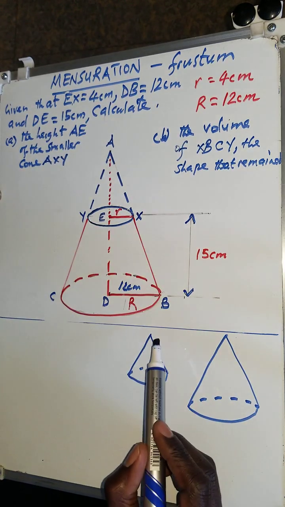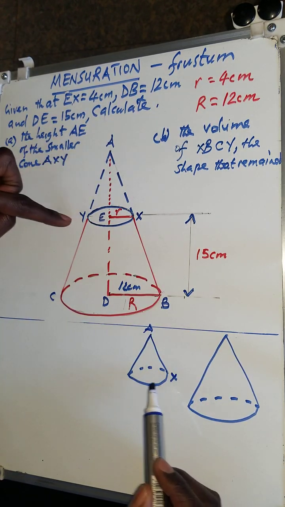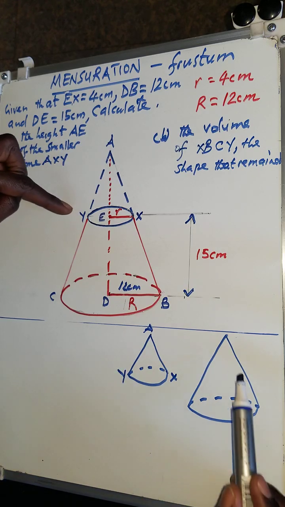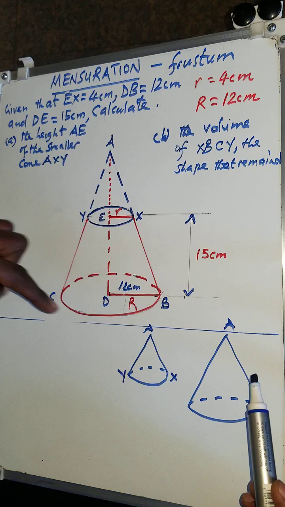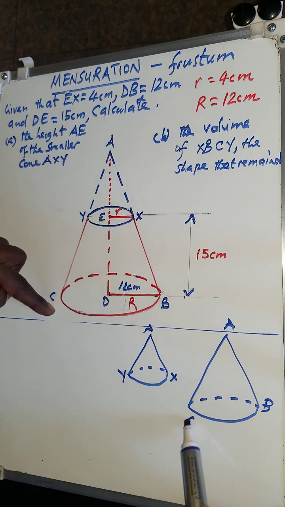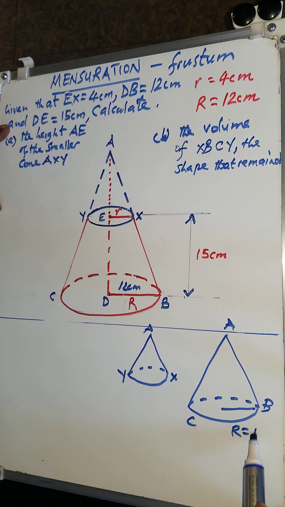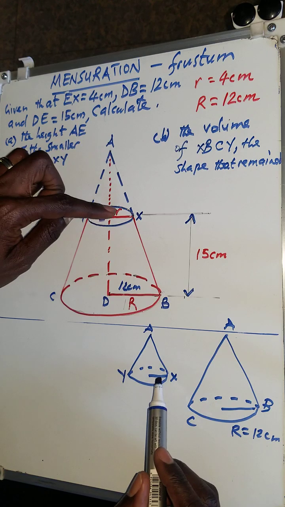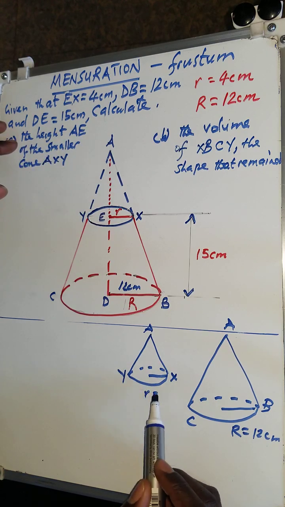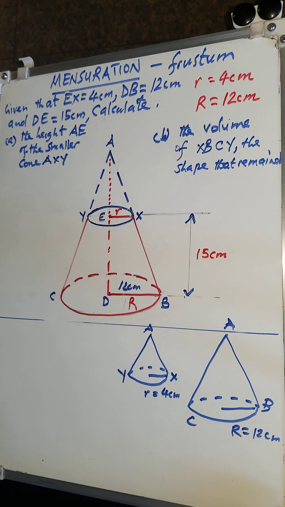When I talk about the smaller cone, it is simply A, X, Y, and the entire larger cone is A, B, C. So that is what you need to remember. The radius of the bigger cone is represented by capital R, which is 12 centimeters, and the radius of the smaller cone is represented by small r, which is 4 centimeters, as they told us there.